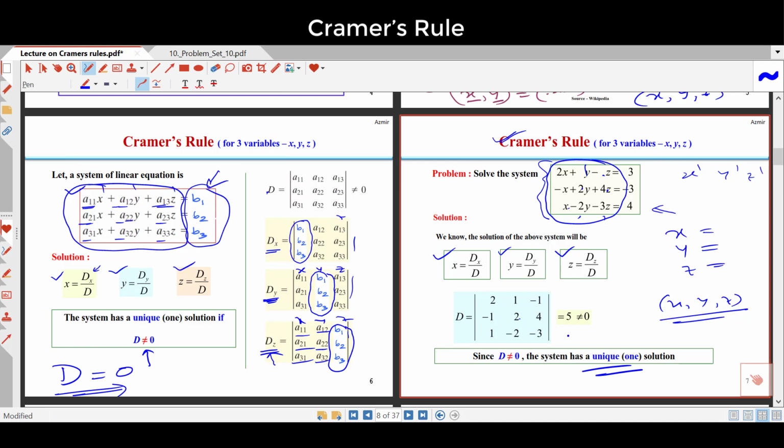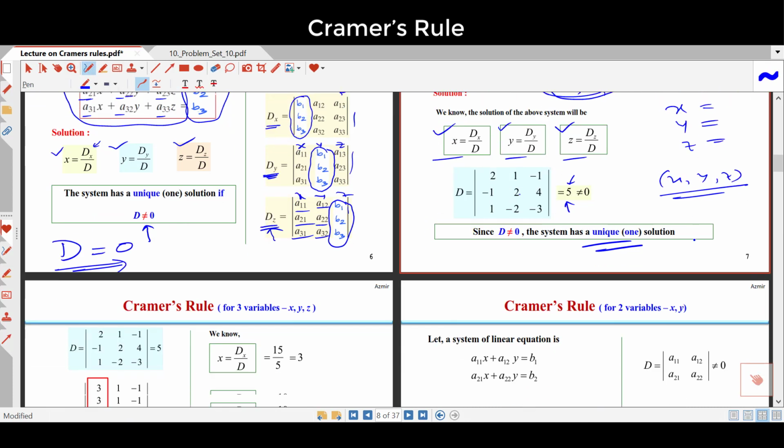After calculation we are getting 5. That is not equal to 0, that means this is a non-zero value. So it ensures that Cramer's rule is applicable. That means this left side coefficient matrix is a non-singular matrix. So we can apply Cramer's rule, that means these formulas can be applied.